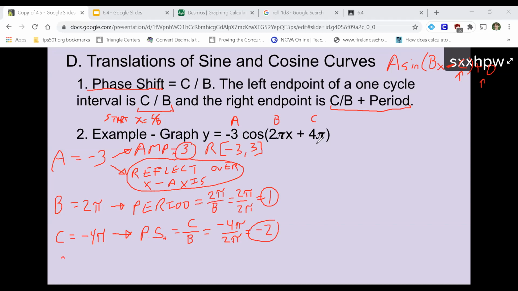Okay, so that means I'm going to start graphing this when x equals -2, and I will end graphing it when x equals -2 plus 1, which is -1.